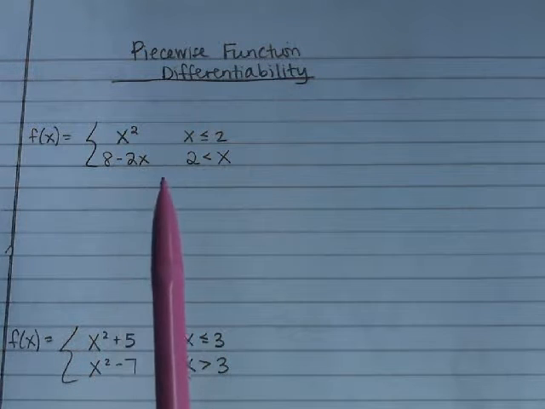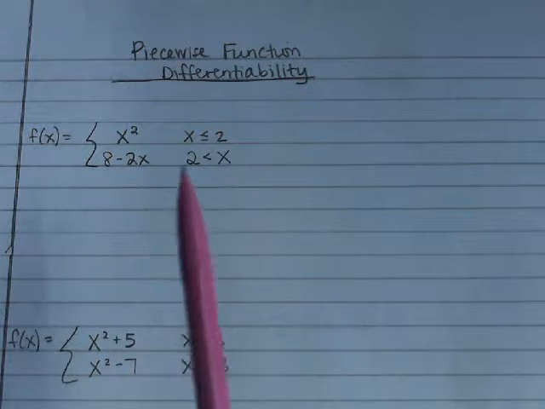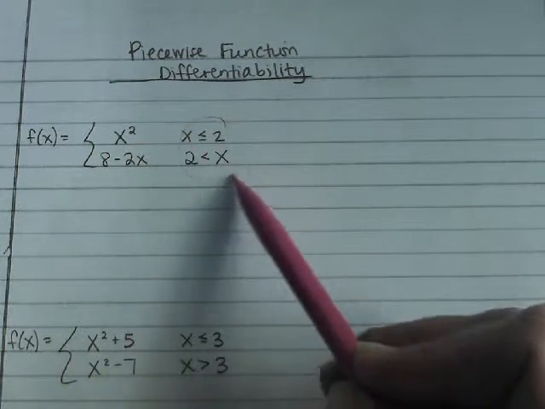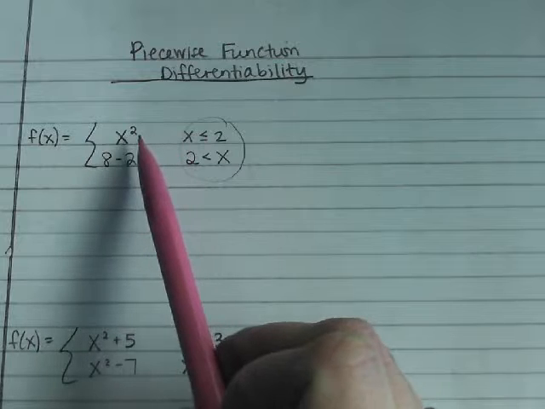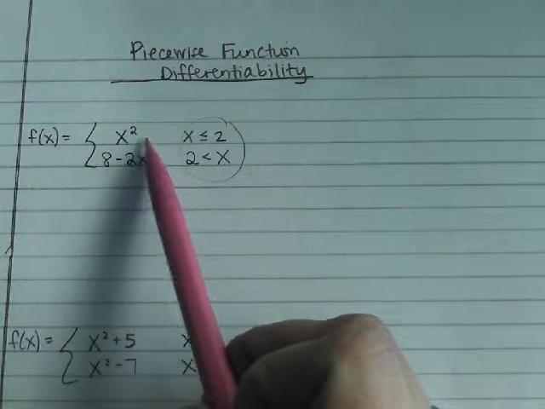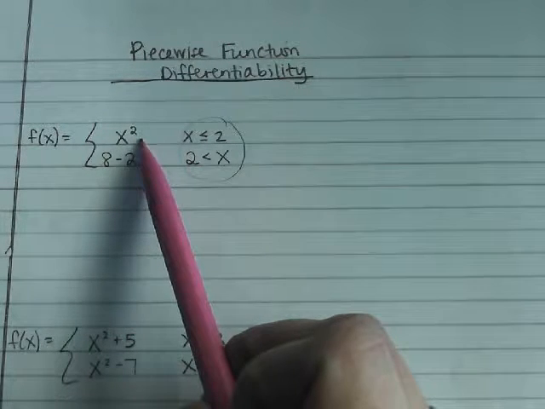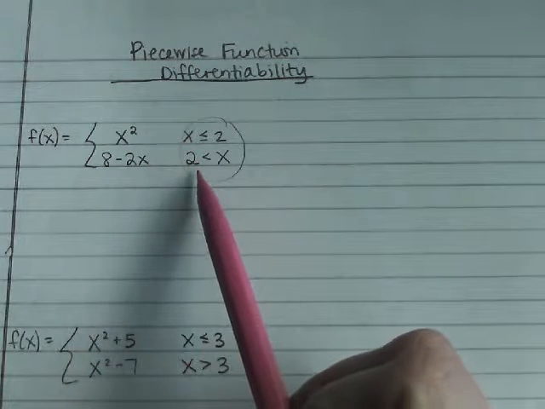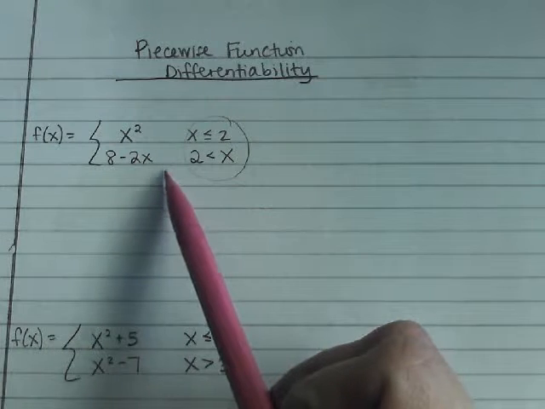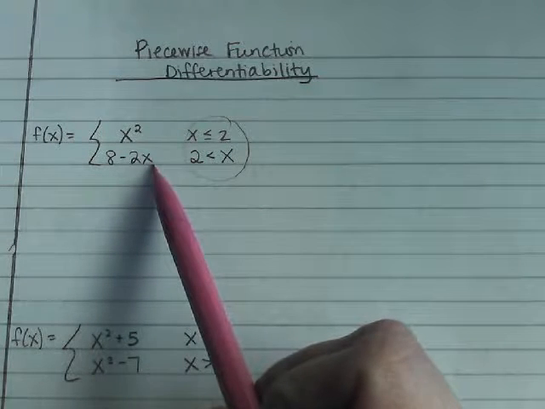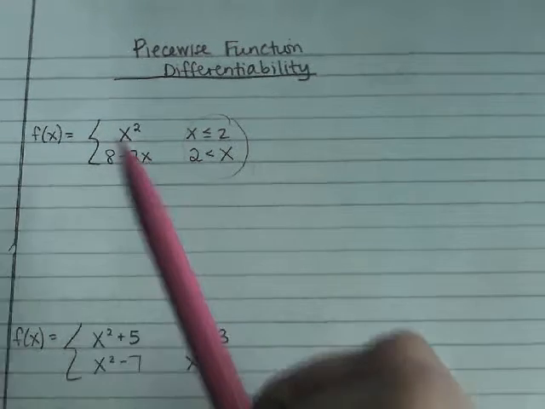So, in this first example, the breaking point is at 2. If we're approaching 2 from the left, we're approaching it with whatever the slope of x squared is at 2. And if we're approaching 2 from the right, we're approaching it with whatever the slope of this line is at 2.